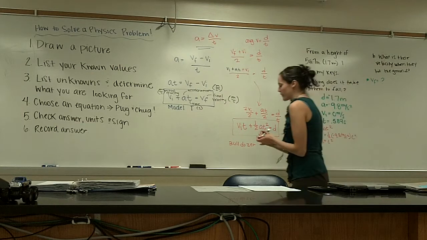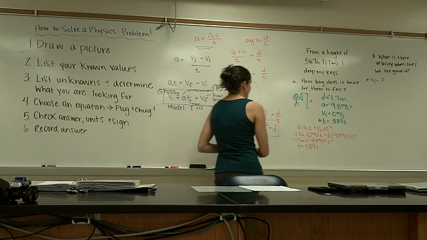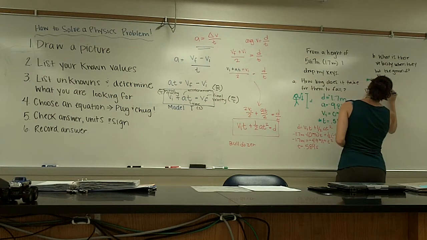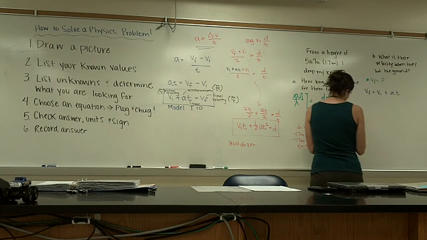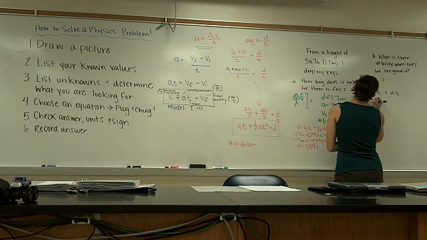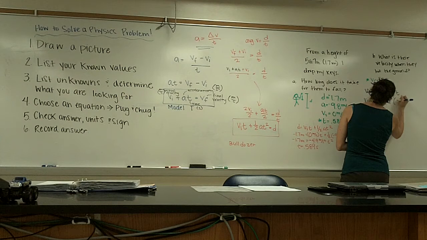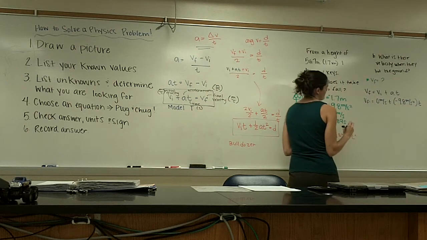So if I write this out here, we end up with final velocity equals VI plus AT, and solving for final velocity, initial velocity is 0 meters per second plus negative 9.8 meters per second squared times time.